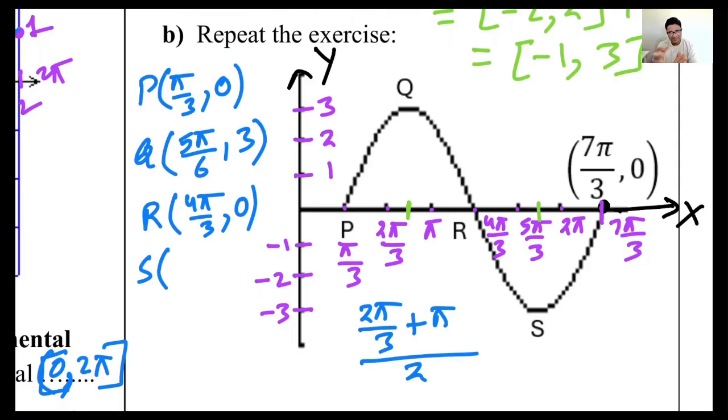And 2 pi is 360, of course. Between 300 and 360 is 330. 11 times 30. So that is your 11 pi over 6. And the y coordinate now is -3. Okay, those are the coordinates of point S.